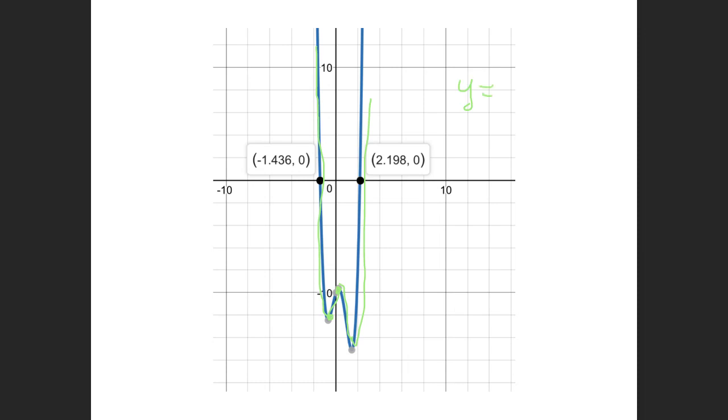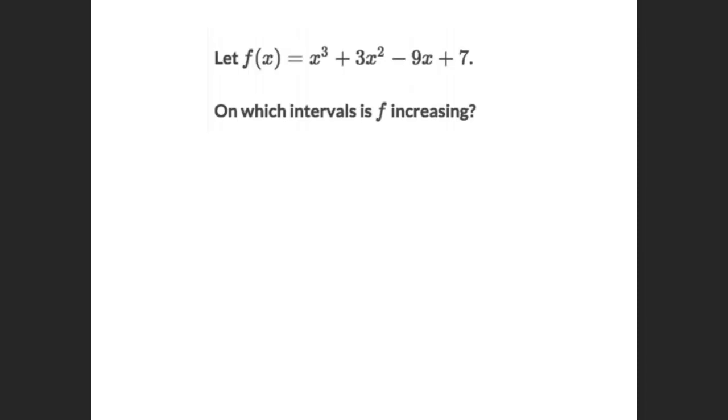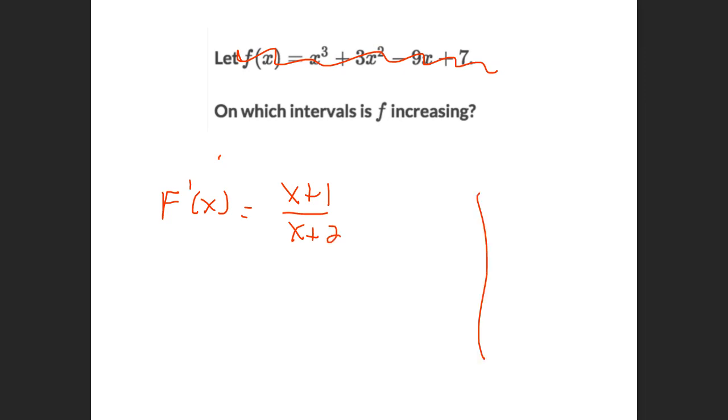Now, if I give you a derivative function, so let's say I gave you something like this for your assessment tonight, and I said f prime of x is equal to, I don't know, x plus 1 over x plus 2. That's the derivative. If I graph this out, I think it looks something like this.